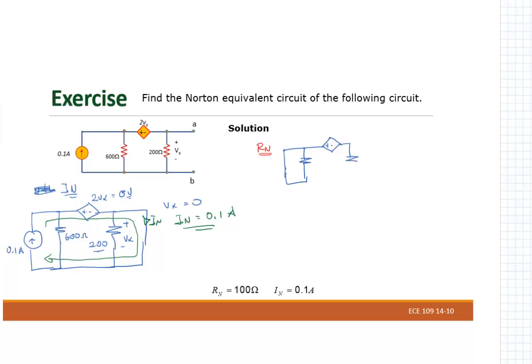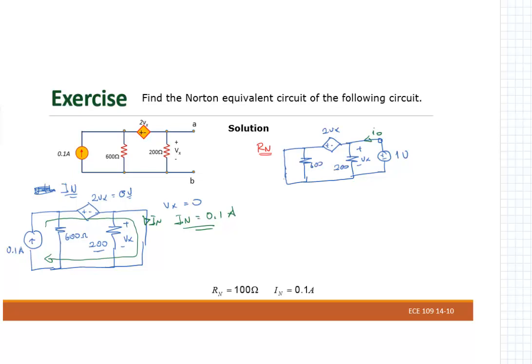We connect a 1 volt source here, plus minus 1 volt, and we are looking for this current. The values: this one is 200, this is plus minus Vx, this is 2Vx, and this is 600.